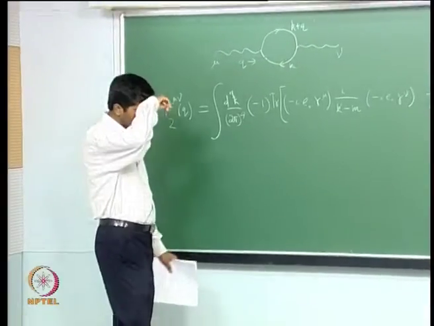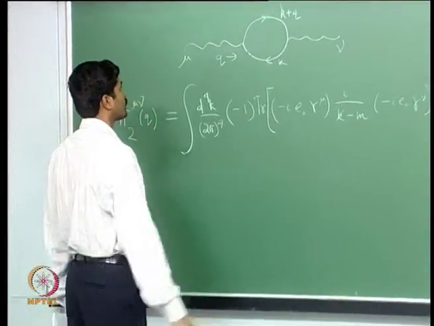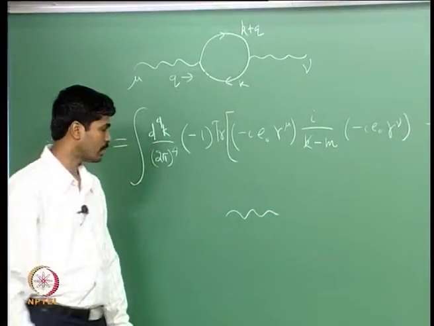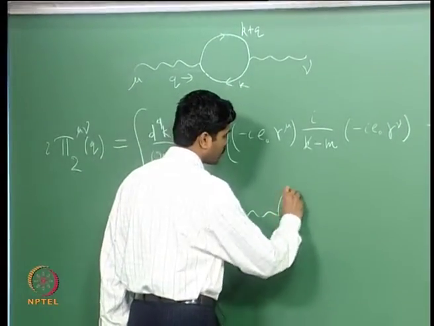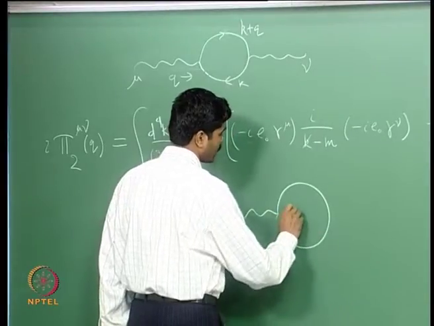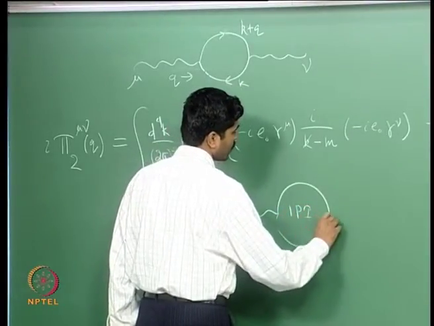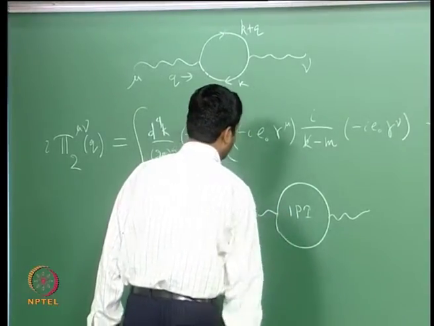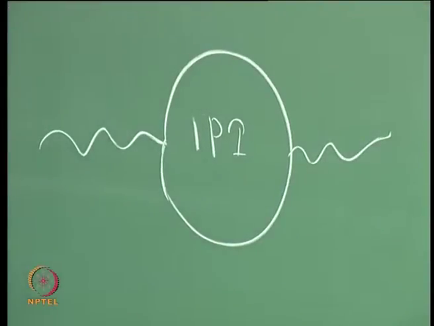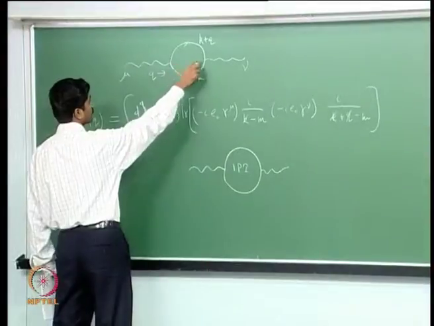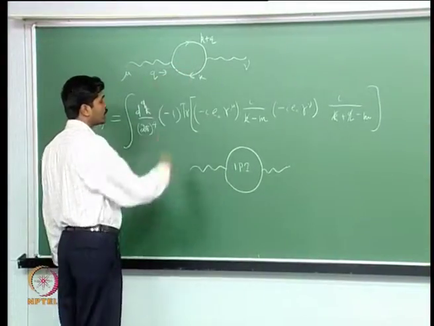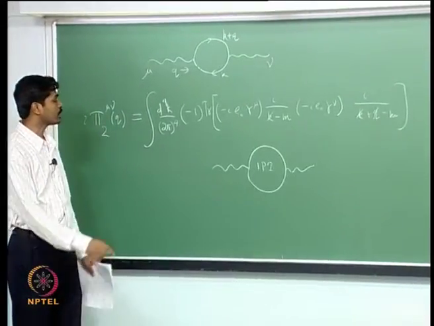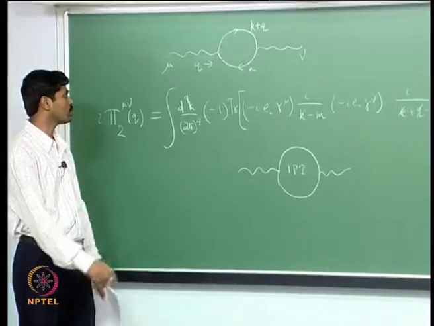As usual, we will denote all the one particle irreducible diagrams to be like this. I will write here 1PI. This will be all diagrams which are irreducible, in the sense that if you remove any of these internal lines, then the diagram is not separated into two parts.